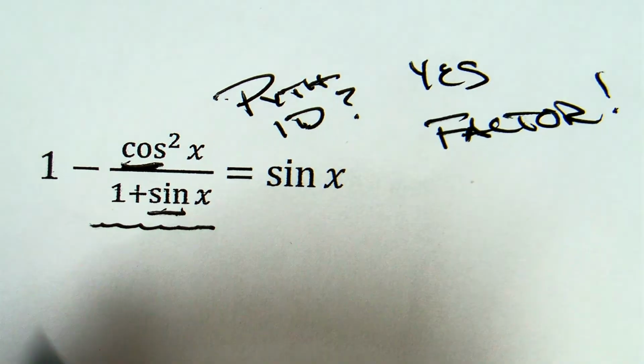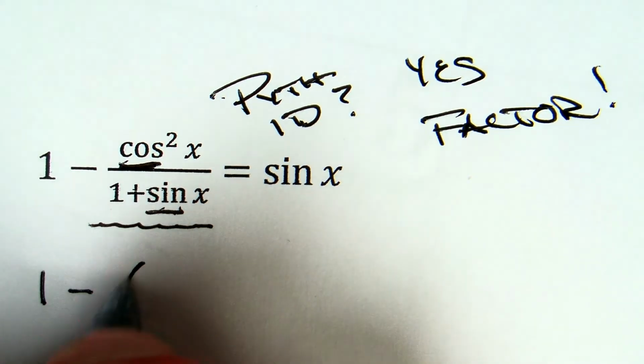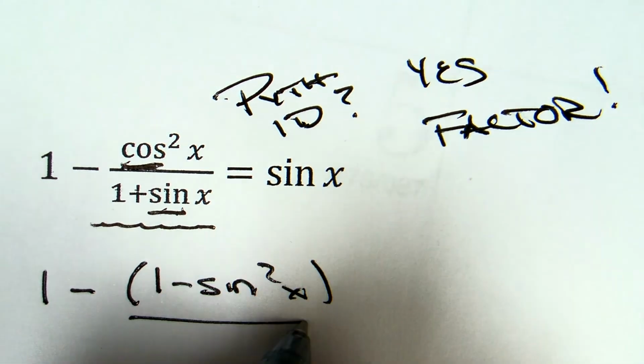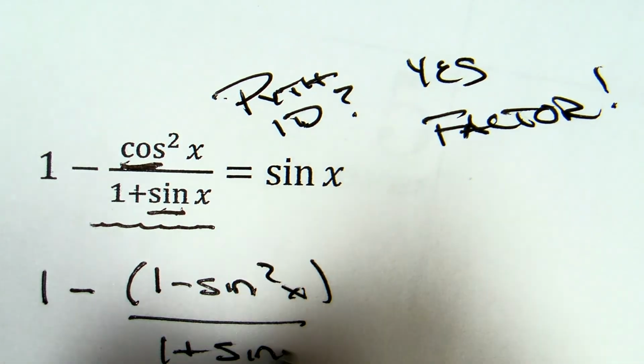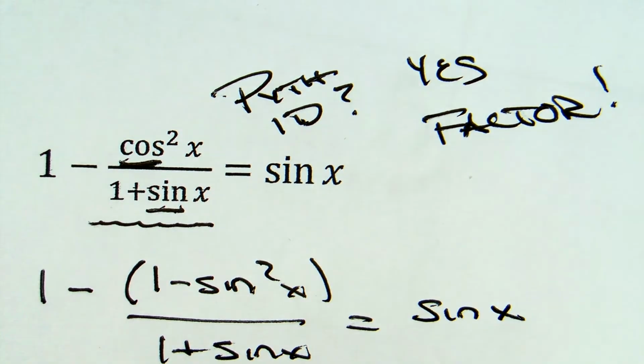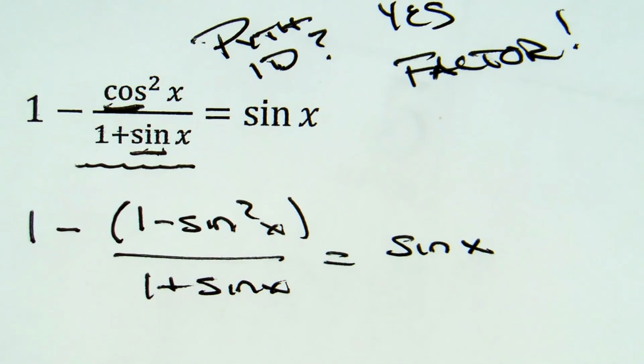So what I start with is this: 1 minus sine squared x over 1 plus sine x equals sine x. All right.